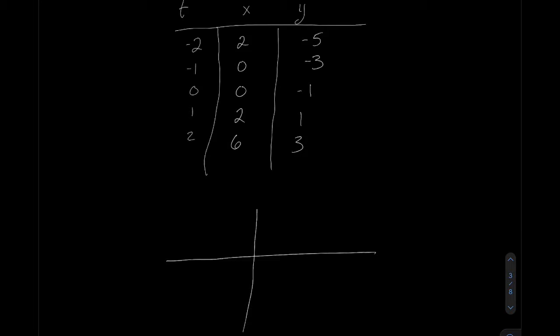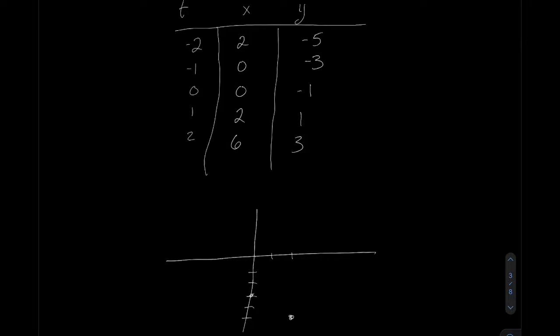So now that we have this table, let's draw some axes and sketch this graph. When x is 2, y is negative 5. So it's about there.